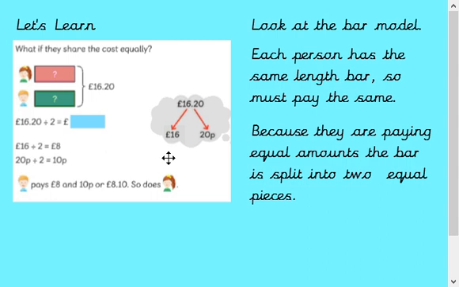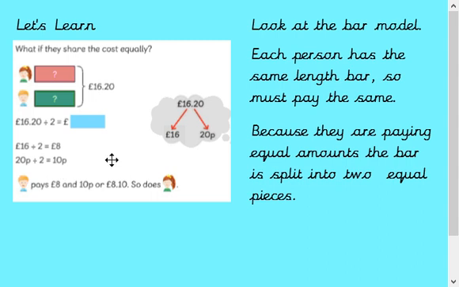So on the right hand side here, we can see that if we partition it, we've got £16 and we've got 20 pence. Underneath here, it's showing you what you would need to do. So 16 divided by 2 equals 8. 20 divided by 2 equals 10.